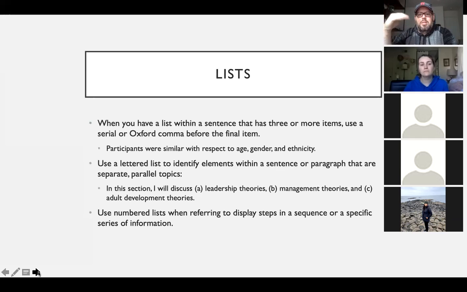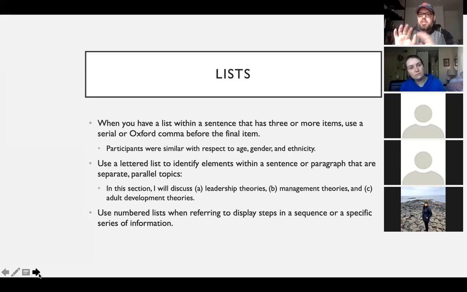So they would be indented and then 1 period and then the information, and then the next line down would be 2. Or you could also set it up similarly to the lettered list and have it be (1) in, again, parentheses, and then whatever it is, then comma, (2), and so on and so forth.